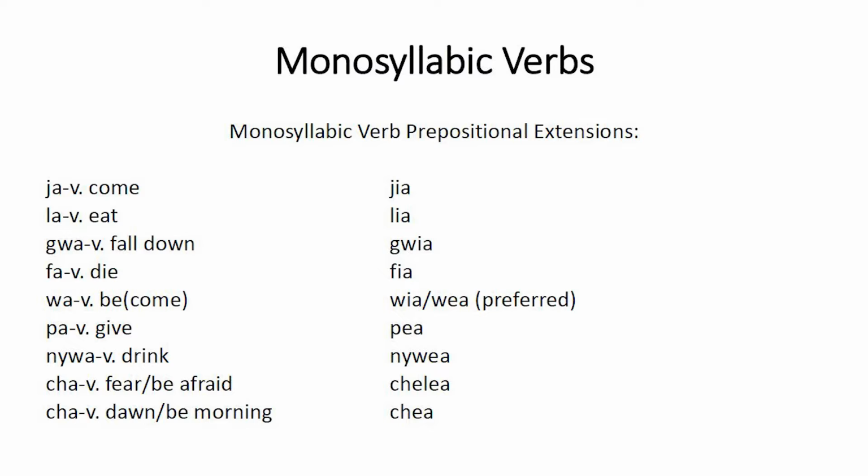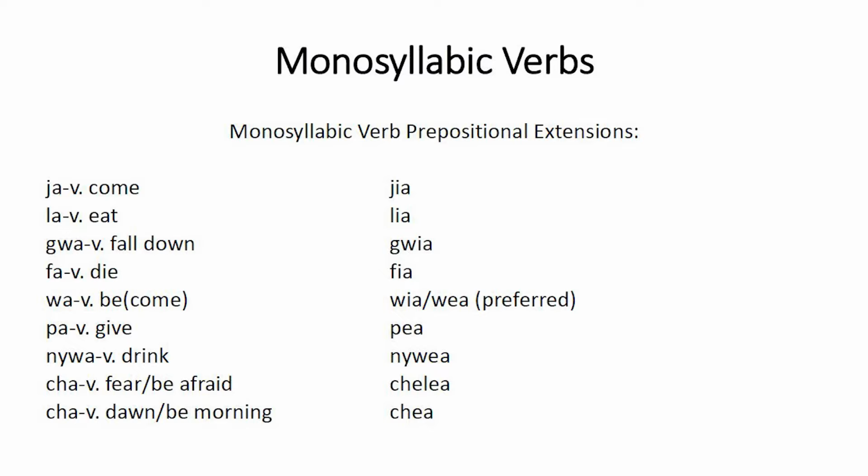So now let's look at the monosyllabic verbs because they have their unique structure. You have to remember there's not a lot of monosyllabic verbs. I think I've exhausted the list, so you can be pretty confident that all the ones on the screen are those that exist. Let's start with the first one.